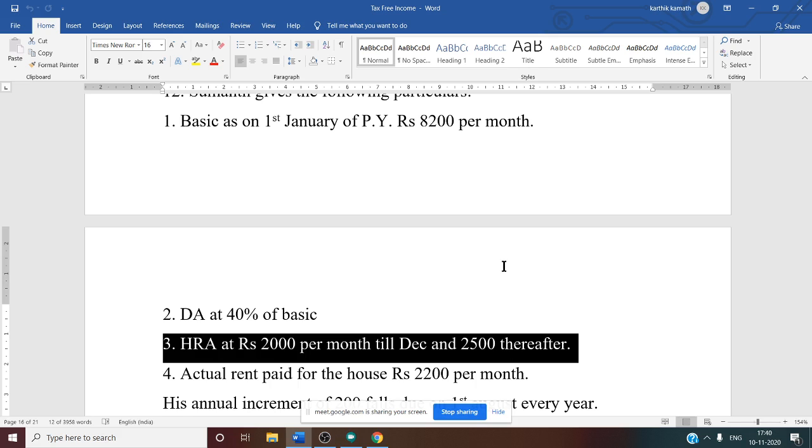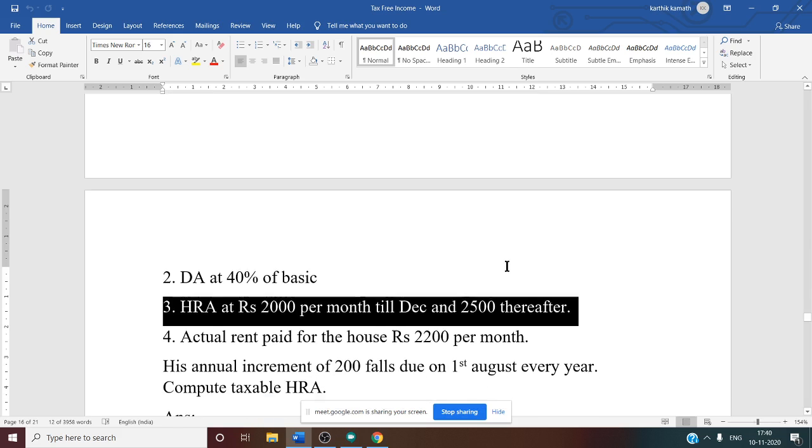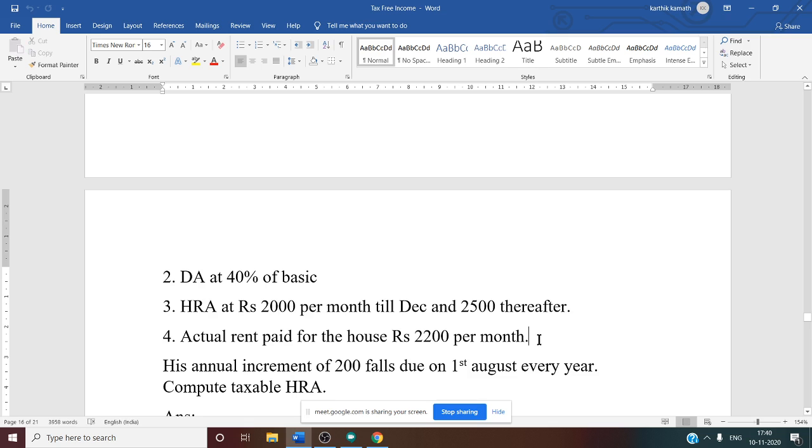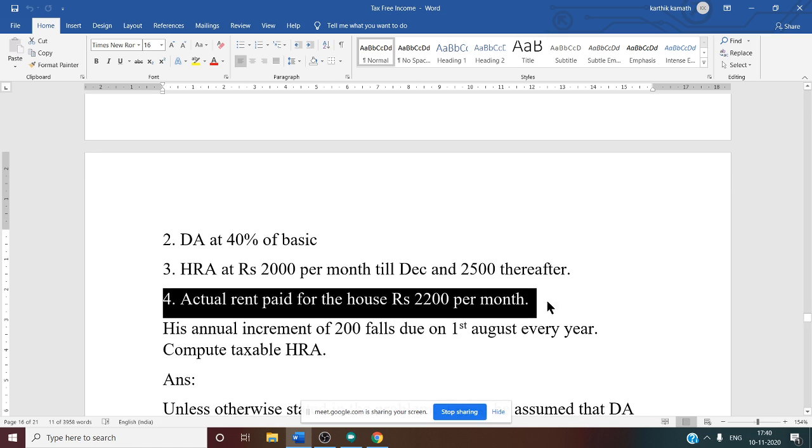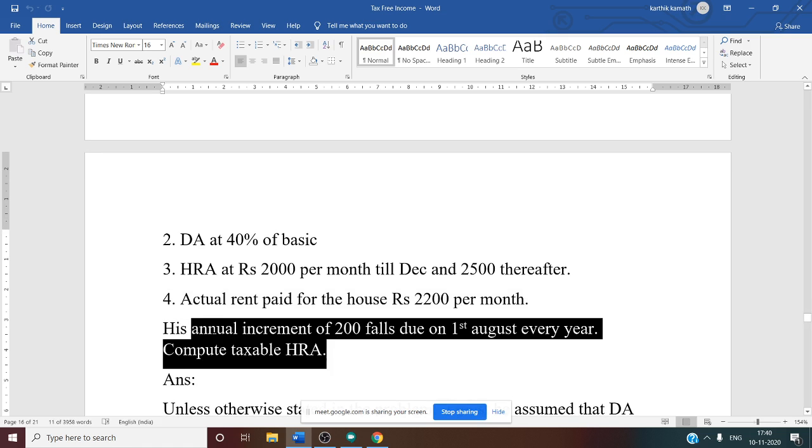So there are two situations: one is first 9 months and second is next 3 months. After this, there is an actual rent paid for the house, that is 2,200 per month. This is also given.